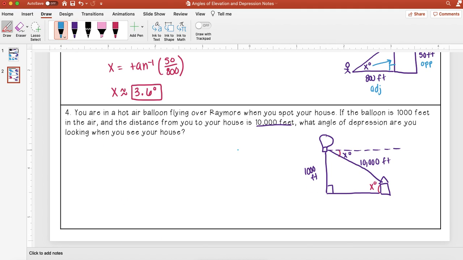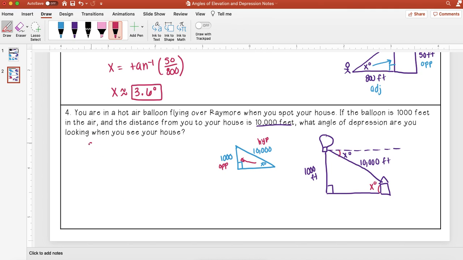So I'm going to go ahead and redraw this. So I really have x degrees here, 10,000, and 1,000. So labeling my sides, I see that my opposite side is my 1,000. 10,000 is opposite of this right angle, so that means it's my hypotenuse.